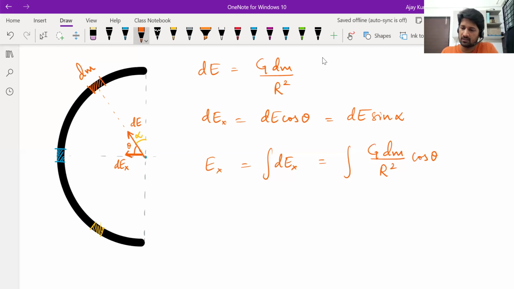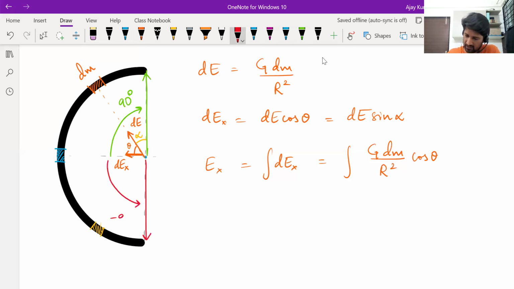In fact, for the topmost element, this one, theta will be 90 degrees. For the bottommost element, this one, we are taking theta with the x-axis, no? For the bottommost element, theta will be minus 90 degrees.